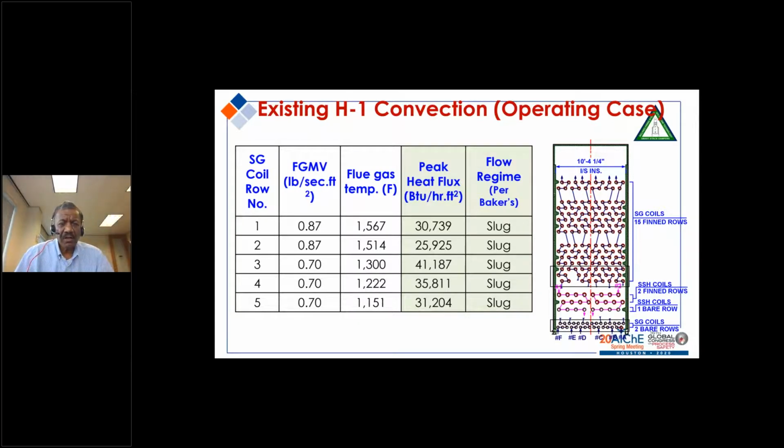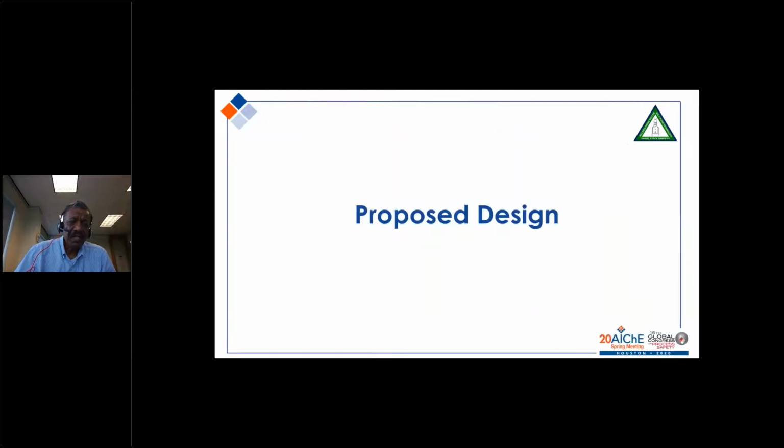So we thought that, okay, these are the 3 things which we need to work on. We need to work on high heat fluxes, flow regime, and mass velocity. So we talked to the client and we said, hey, we need to revise the convection section design.